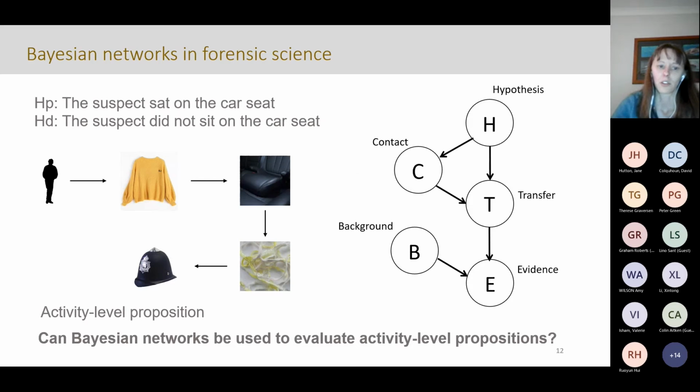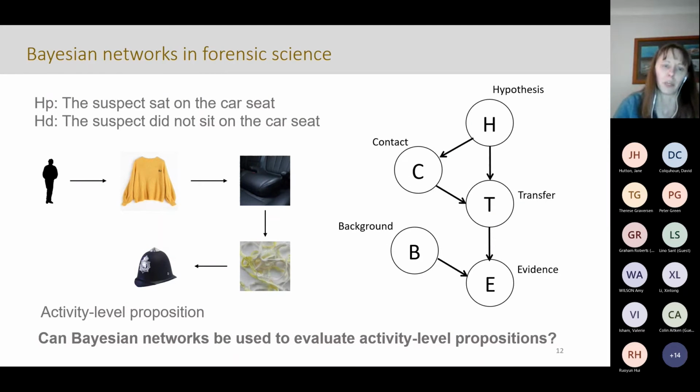So forensic scientists often want to evaluate more complex propositions like activity level propositions, which are looking at the activities of a suspect and whether or not they were involved in a particular crime. If we go back to our example using the hit and run, the two propositions put forward by the prosecution and defence might be something like the suspect sat on the car seat versus the suspect did not sit in the car seat.